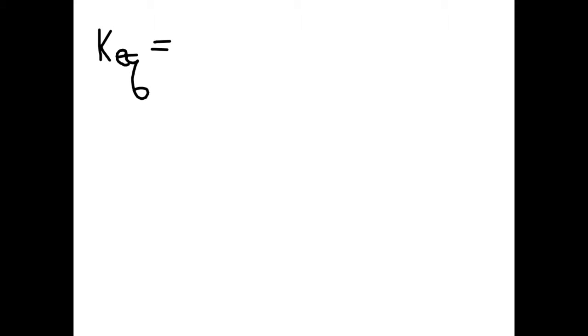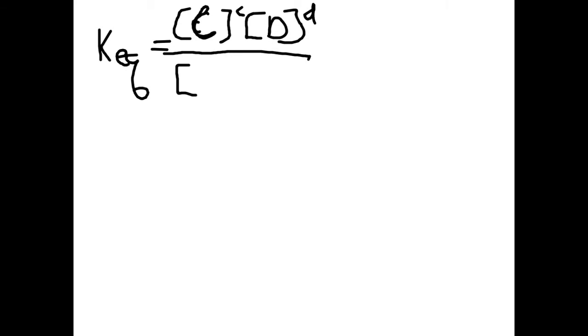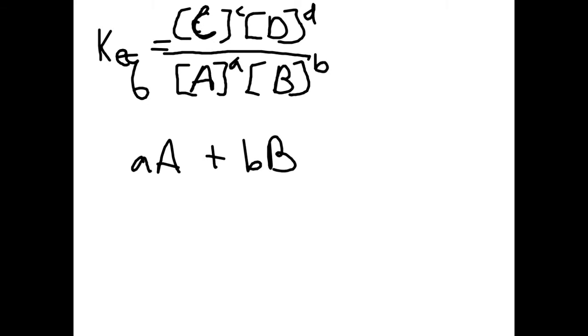I say that Keq is equal to the concentration of C times the concentration of D, raised to their coefficients, divided by the concentration of A times the concentration of B, raised to their coefficients. I give you that general equation, which essentially would be A plus B in equilibrium with C plus D. That's the general equation, and that's how I got that equation.